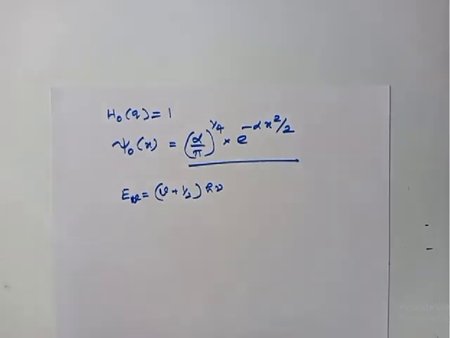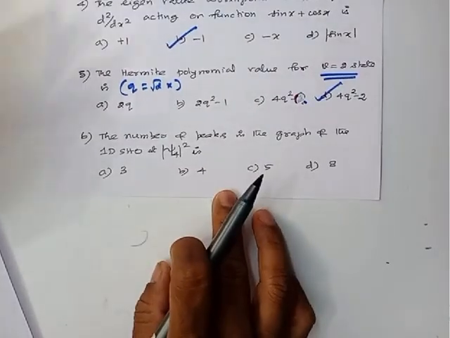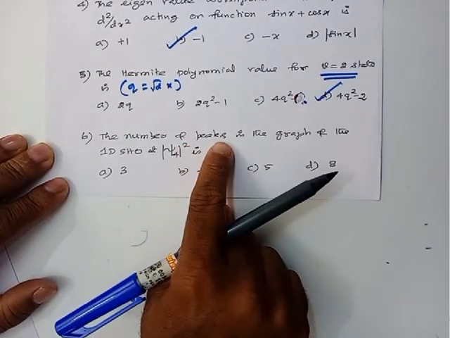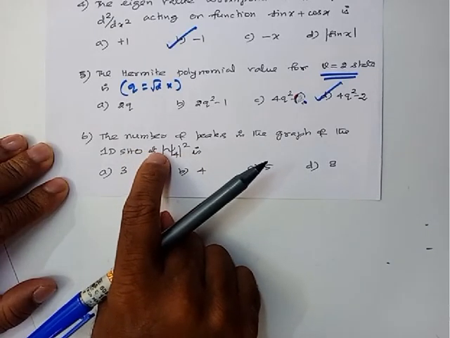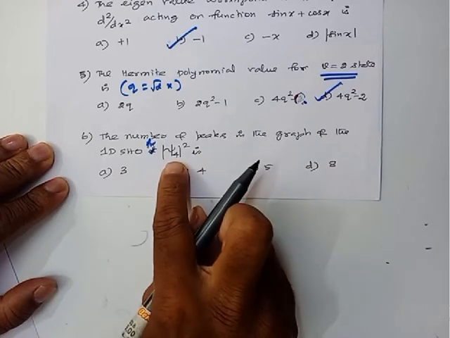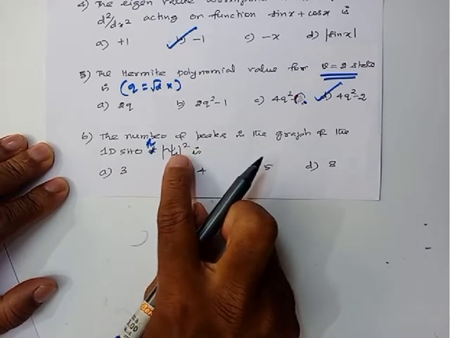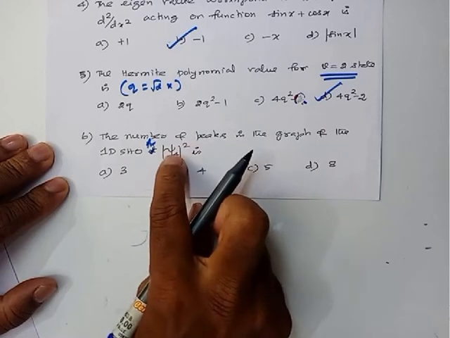Let me go to the next question. Question number 6. Just go through the question. The number of peaks in the graph of the one-dimensional simple harmonic oscillator for the square of the modulus of psi 4.